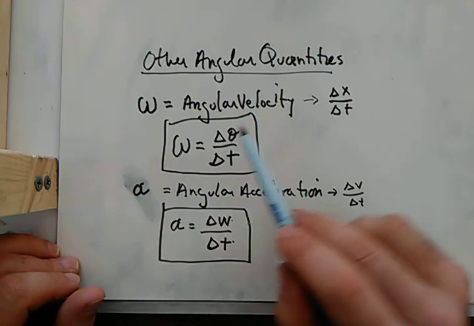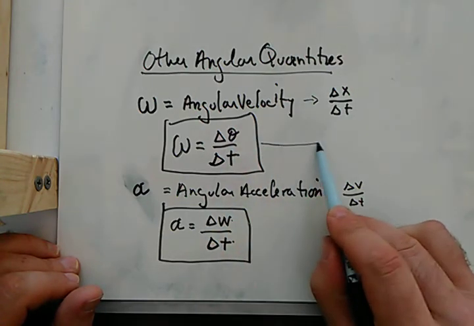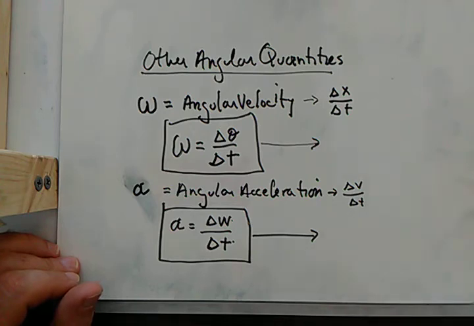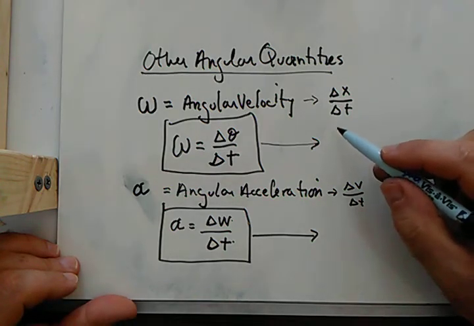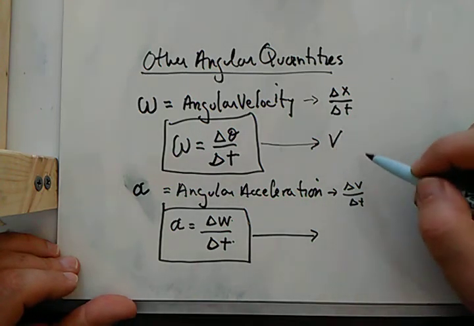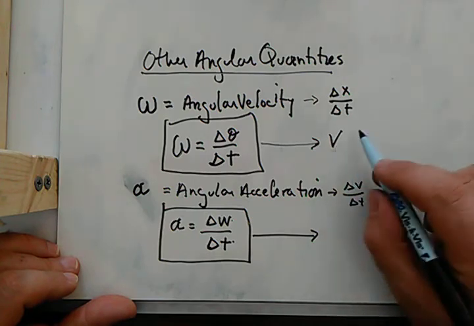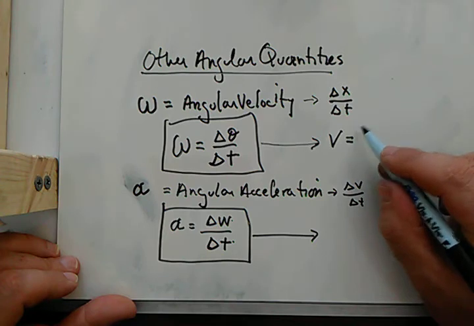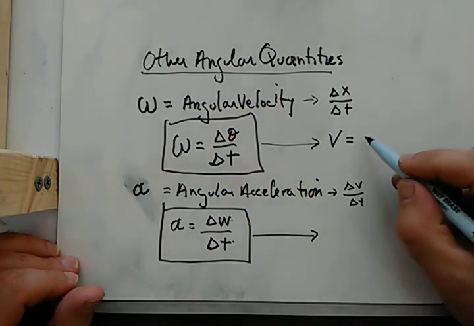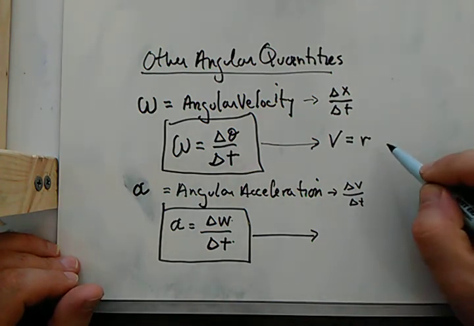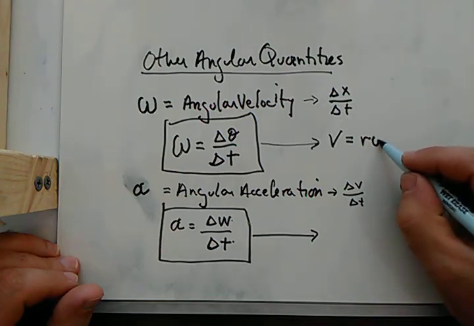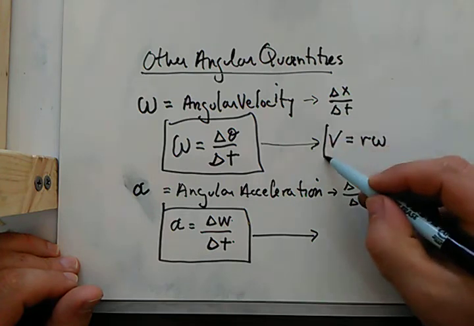So now that you've got these formulas, I'm going to give you the linear relationships. Here they are. Linear velocity is equal to the radius multiplied by the angular velocity.